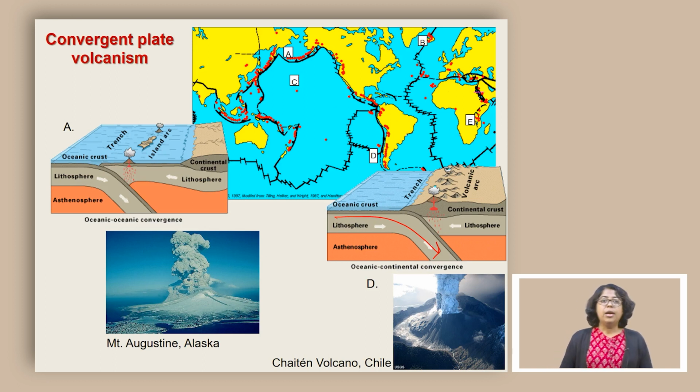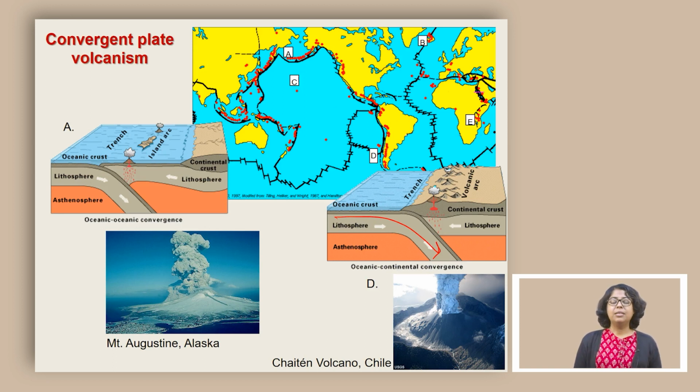convergence. In oceanic convergence, which plate is going to go down depends on the density, and the density of two oceanic plates depends on how long ago they were formed, because as they get old, they cool down and get even denser.